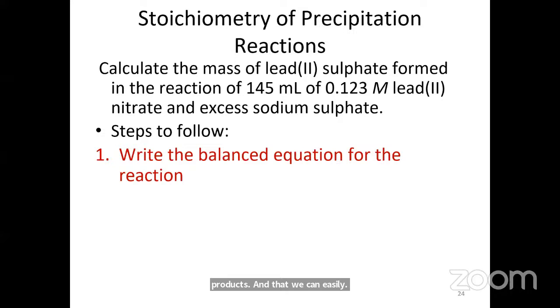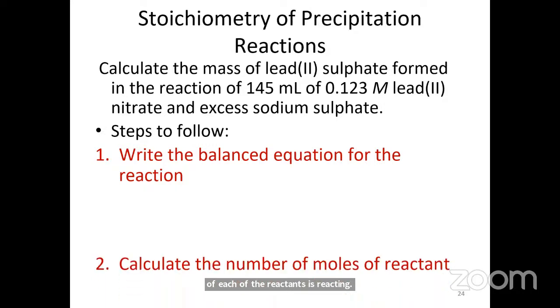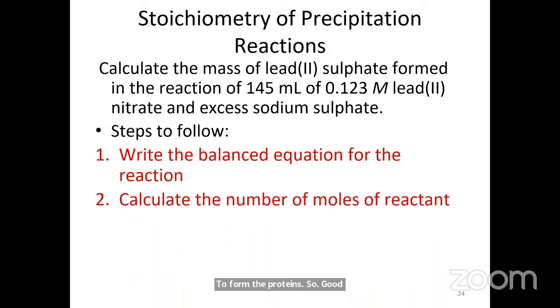The balanced equation will show us how many moles of each of the reactants is reacting to form the product. So the next thing, after we have written the balanced equation, we calculate the number of moles of the reactants.